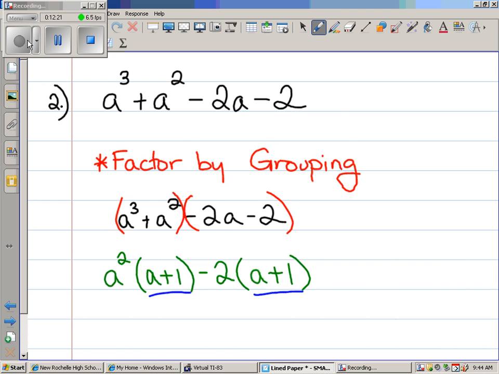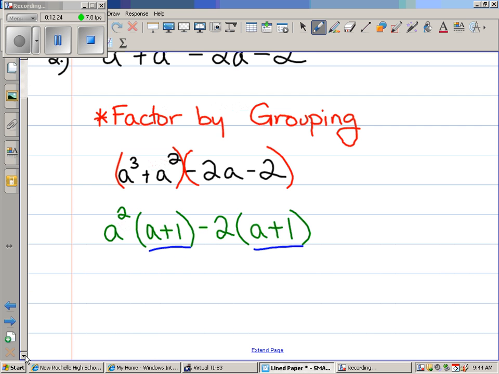Factor by grouping, if you've done it correctly, will always result in these 2 things in parentheses matching identically. And then what you do from here, you don't cancel them away. I'm going to put funny squiggle lines. Take these 2 things that you pulled out, these GCFs, and put them in one parenthesis. And take one of the other quantities and put it right next to it.